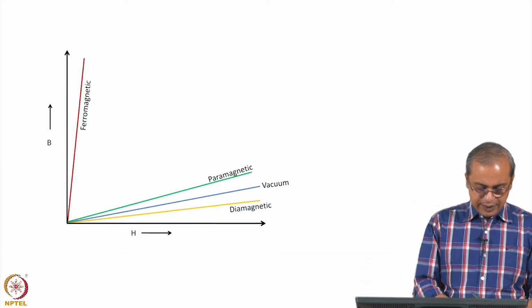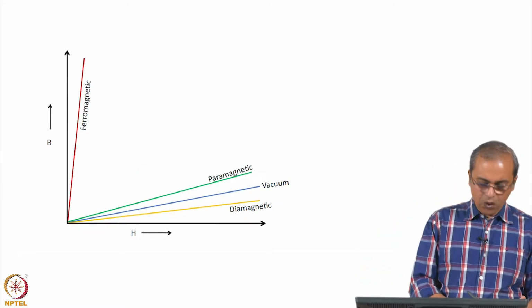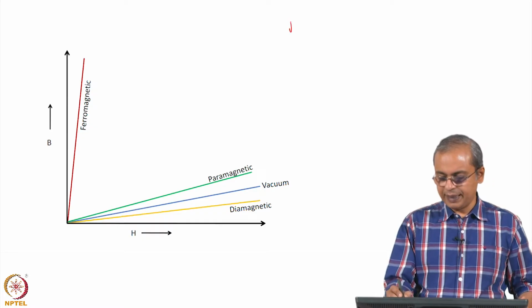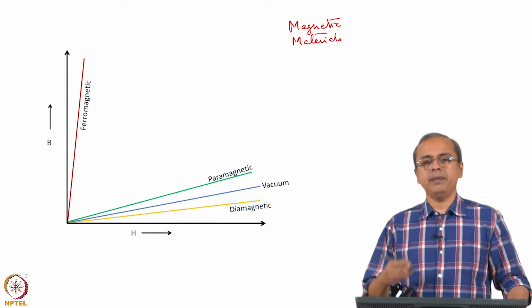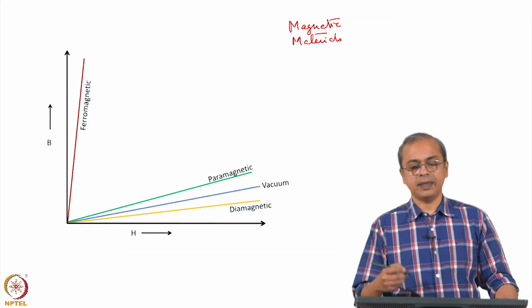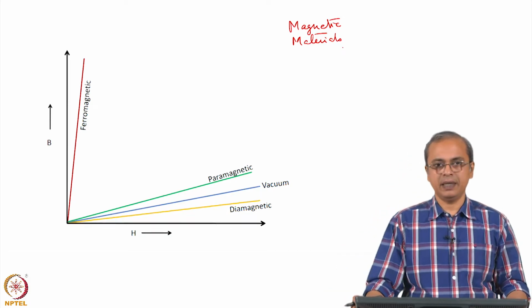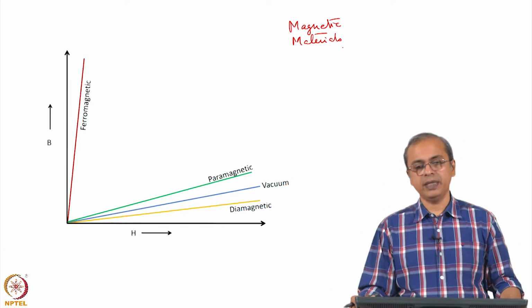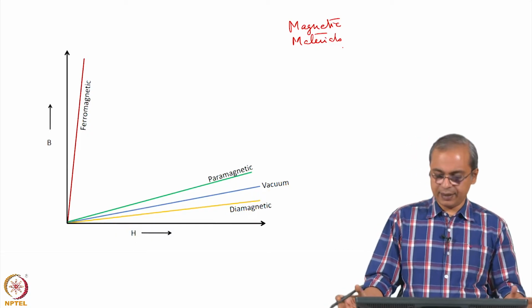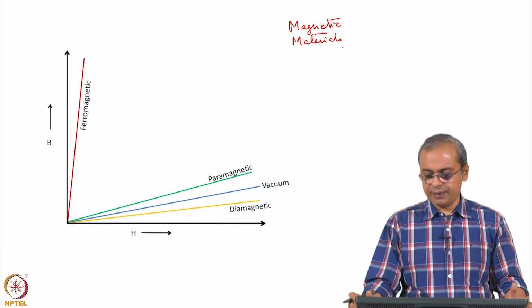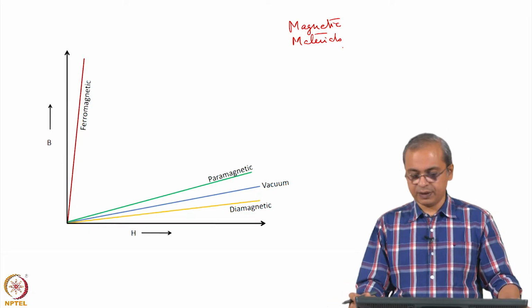Okay, so now let us see briefly what we have in terms of magnetic materials. Basically, materials display magnetism. It is an experimentally observed phenomenon where some materials tend to attract other materials, even in the absence of an electric field, for example.